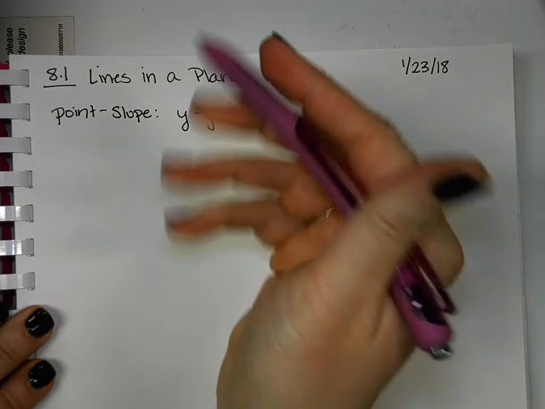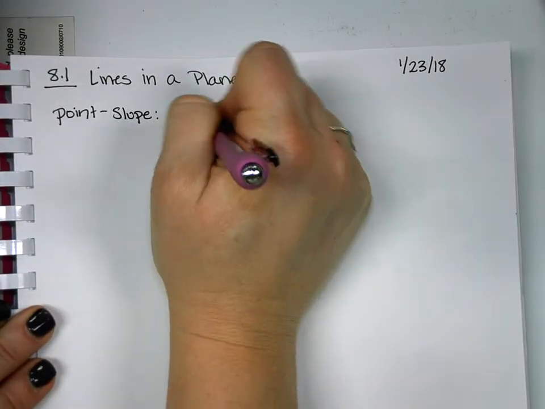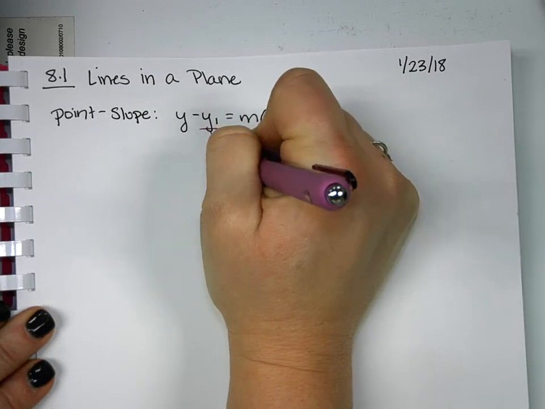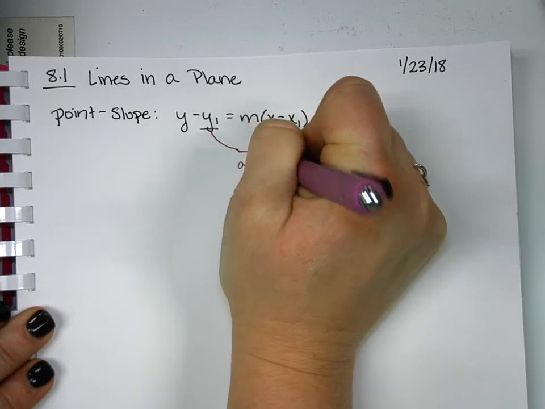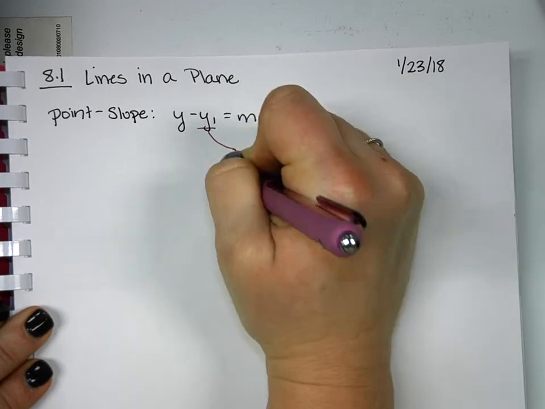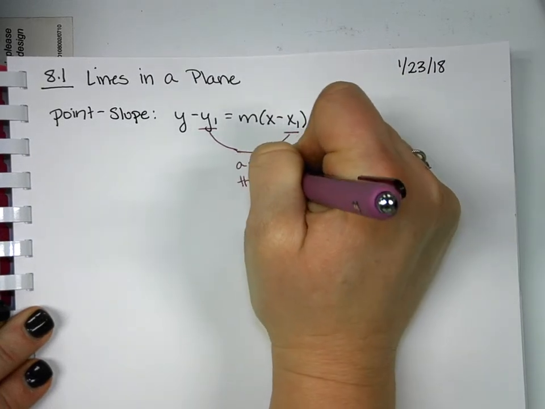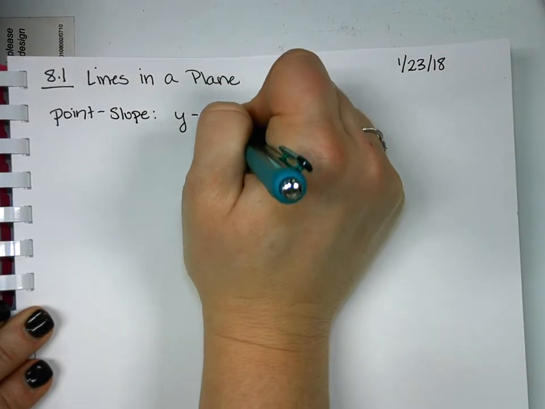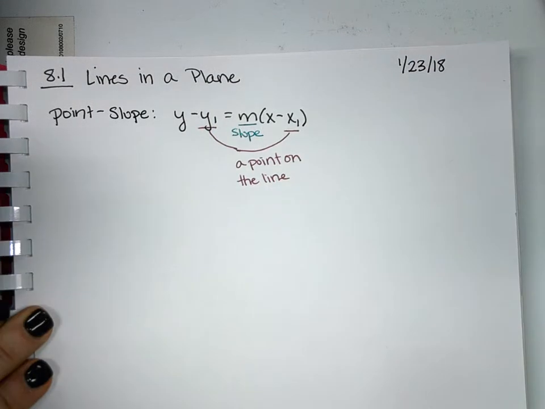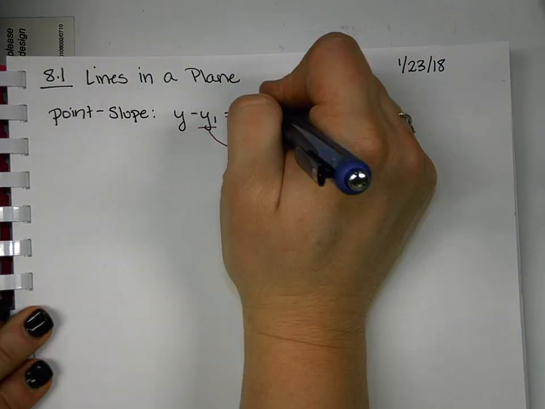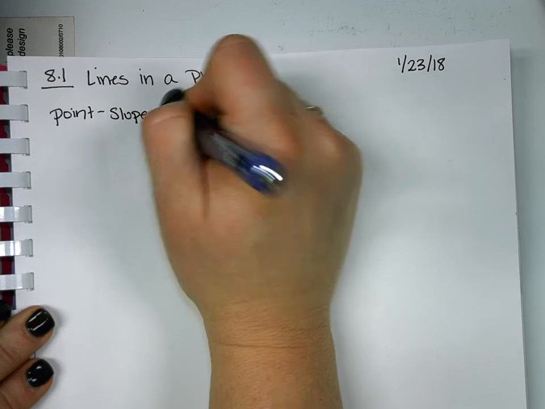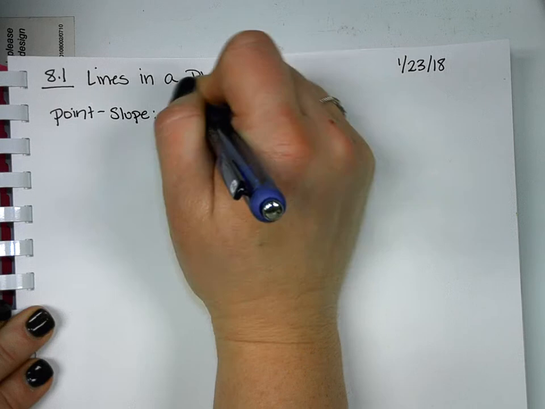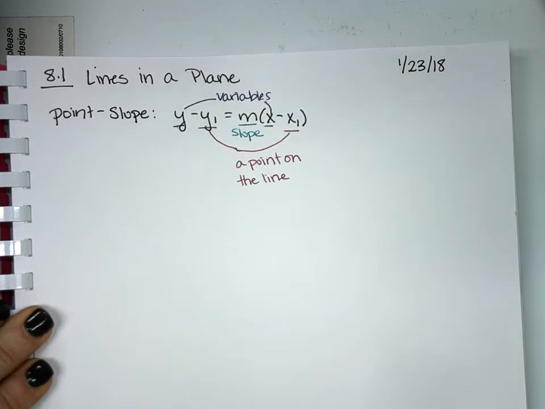Some things to note: y1 and x1 are a point on the line. M, that's your slope. And the x and the y that don't have a subscript are just variables that are supposed to be in our equation. So those need to stay x and y.